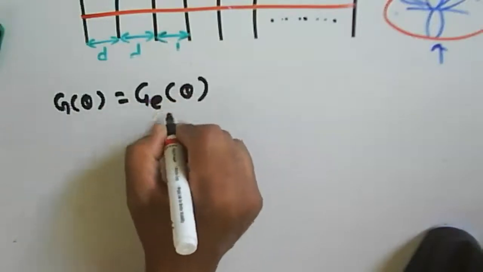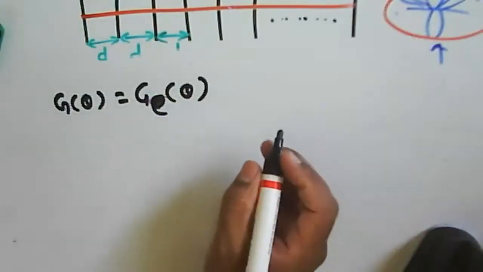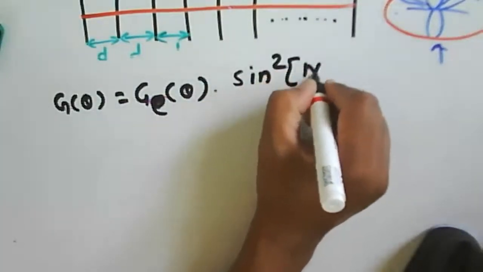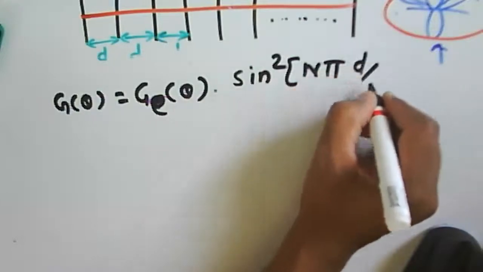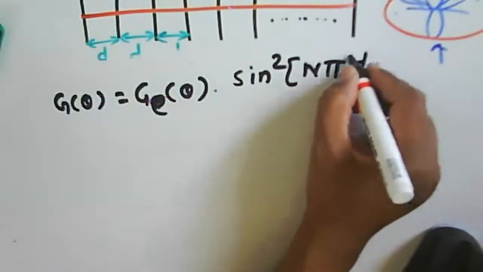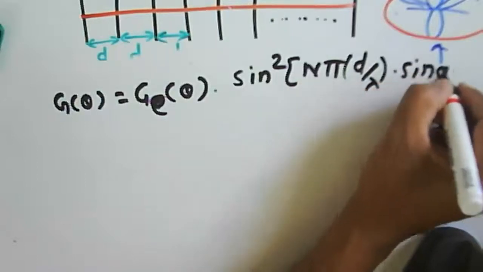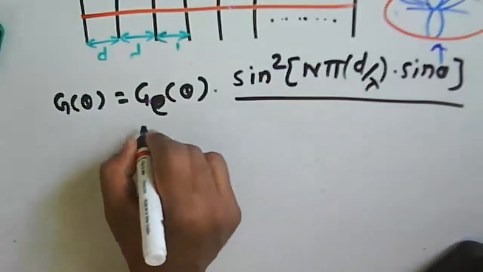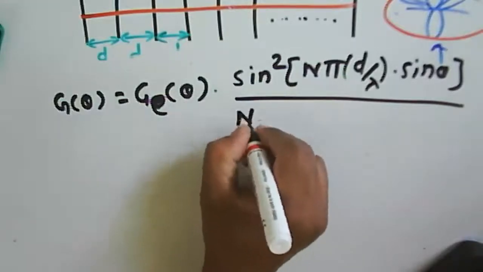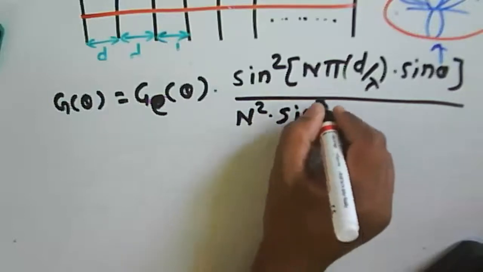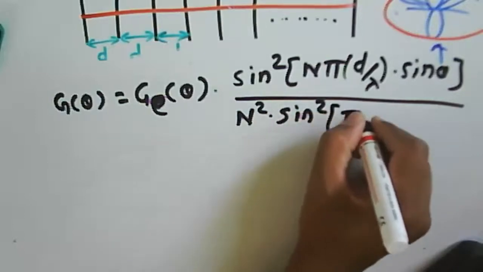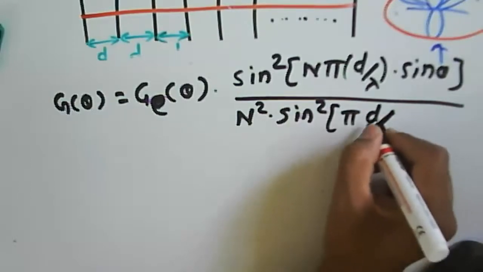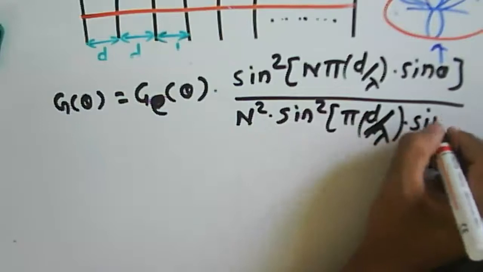This g of theta is nothing but the element factor, and sine square n pi d by lambda sine of theta, divided by n square sine square pi d by lambda sine of theta.